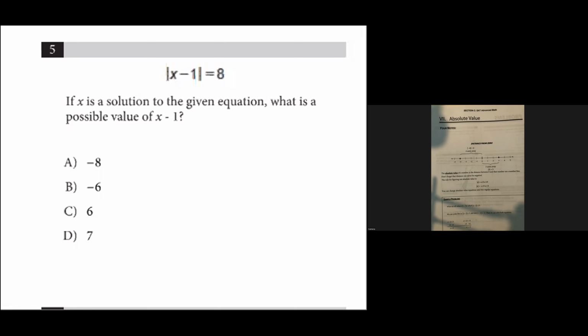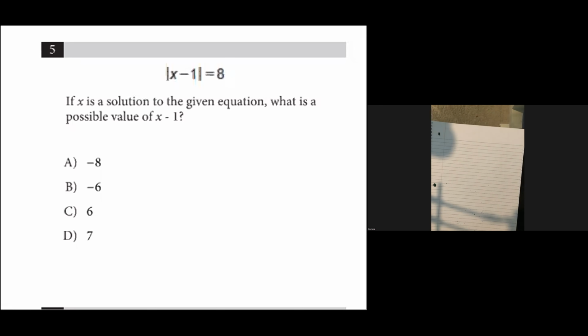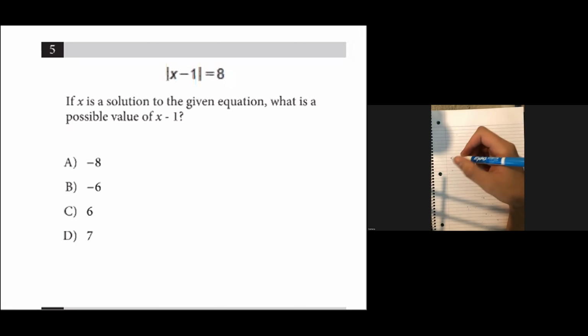And you can change these into regular expressions. And let me show you how to do that. So what you do for the absolute value of x minus 1 equals 8, you do x minus 1 equals 8. And the other one you do would be negative x minus 1 equals 8.